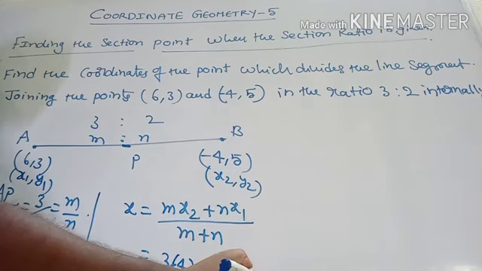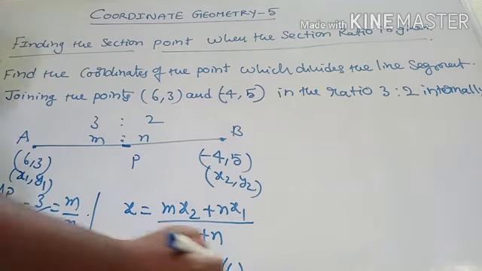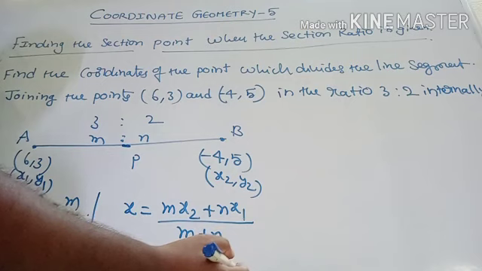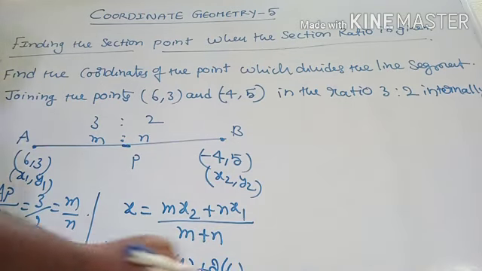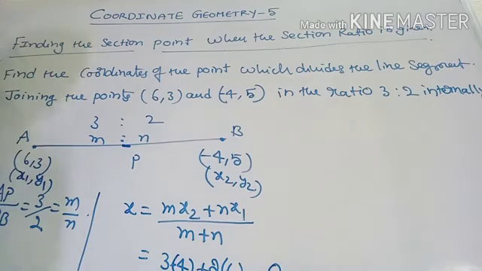Once we write that, we get -12 plus 12, that is nothing but 0 by 5, that is 0. We have got the x coordinate as 0.